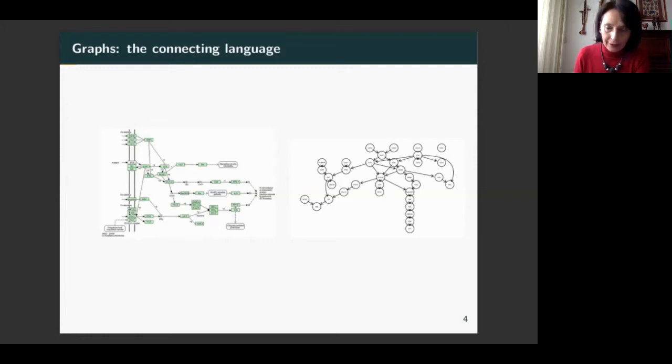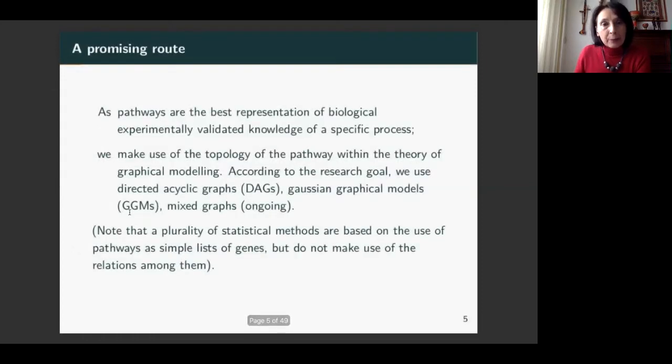So with some friends some years ago, when we spotted this similarity, we said, okay, why don't we try to exploit this similarity? And as pathways are the best representation of biological knowledge, which is also experimentally validated, why don't we try to import this knowledge into the statistical tools within the framework of graphical models.